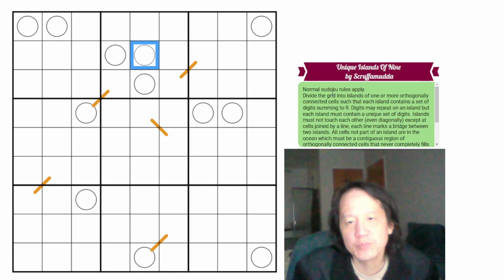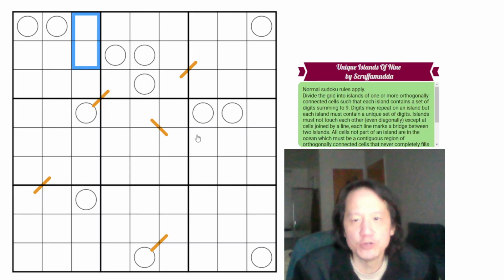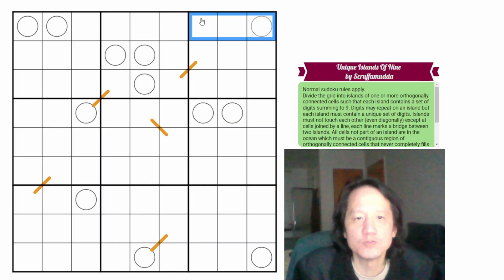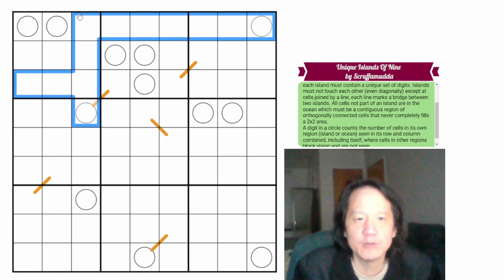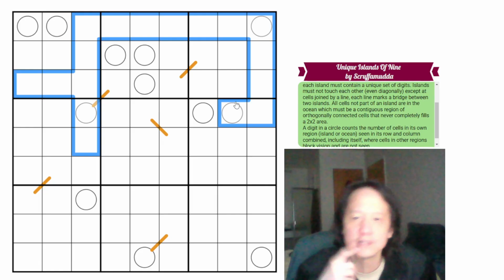So we needed to divide the grid into islands and ocean cells, right? The ocean is one large contiguous set of orthogonally connected cells. So it has to be one specific region, which is orthogonally contiguous with all the other ocean cells.